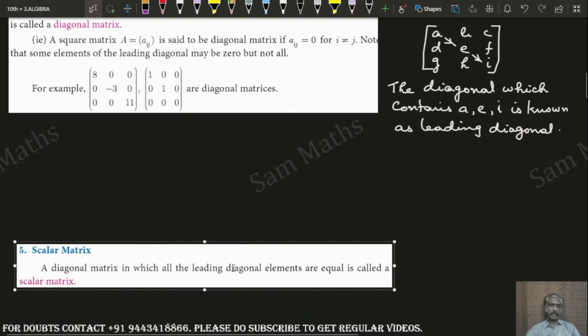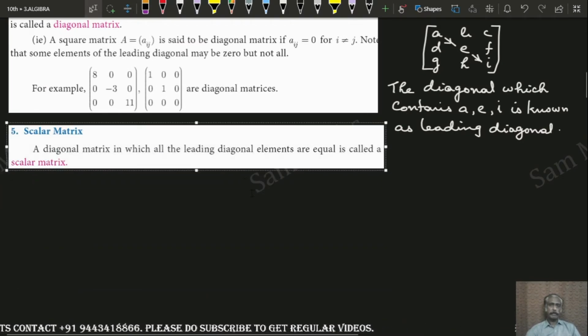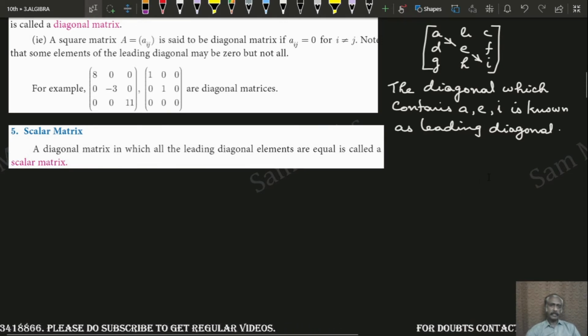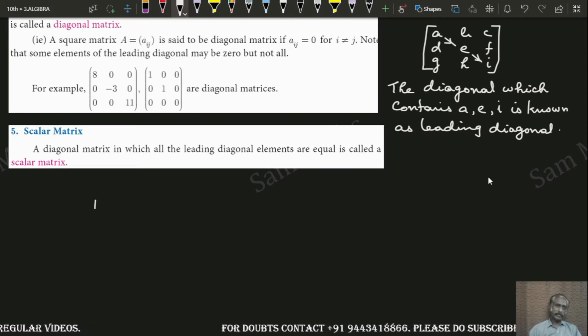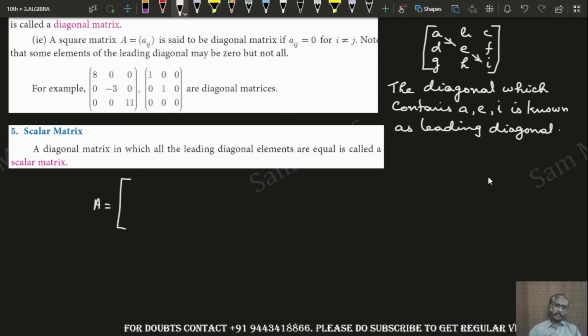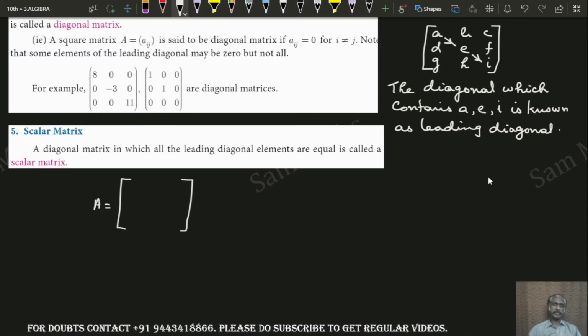Next is scalar matrix. Scalar matrix is also a diagonal matrix, which means the diagonal elements must be equal. For example, suppose there is a matrix A, which must be a square one. It's very important. First, basically, it must be a square one.